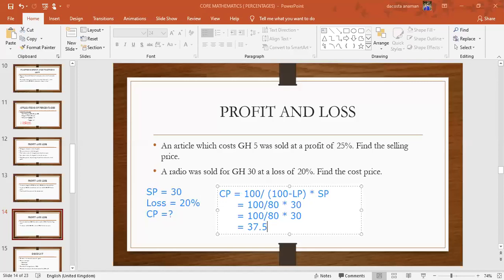I hope you all get it now. We have all seen the profit and loss percent. So if there's no question, we move on.